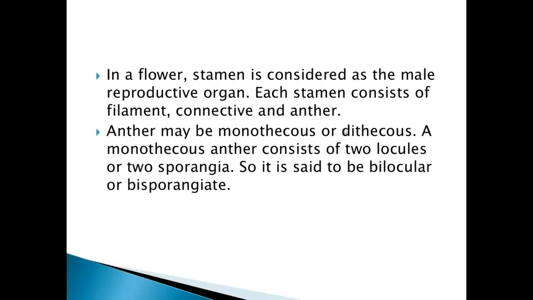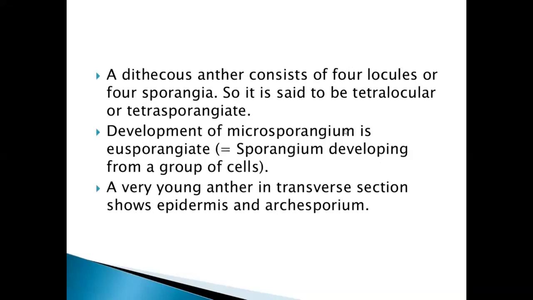A monothecous anther consists of 2 locules or 2 sporangia. That means the septum divides it into 2 parts. With 2 locules or 2 sporangia, it is said to be bilocular or bisporangiate. As per the same, a dithecous anther consists of 4 locules or 4 sporangia, so it is said to be tetralocular or tetrasporangiate.